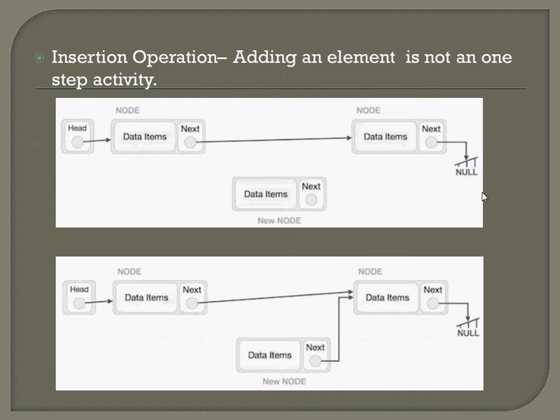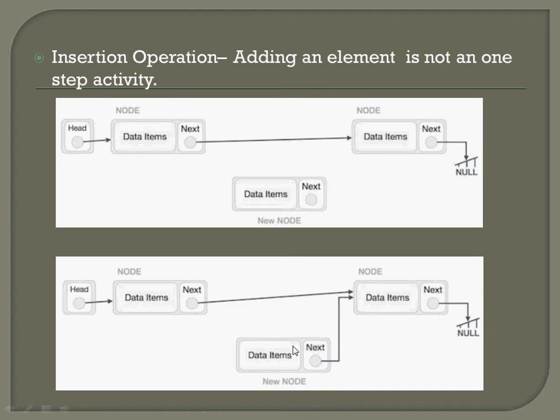So the insertion operation, adding an element, is not a one step activity. First there are only two elements, data item 1 and data item 2. Consider this data item 1 and this data item 2, and this is the data item 3 we are going to insert here. First, the next field of data item 1 is directly connected to data item 2.